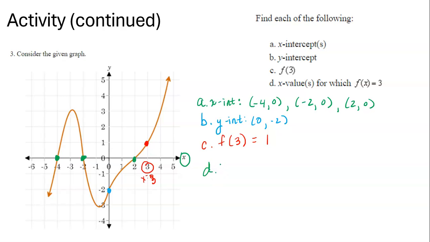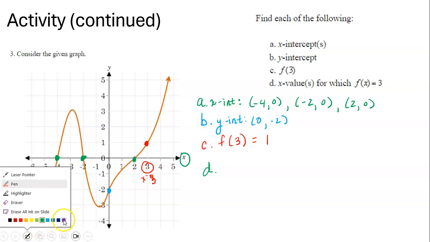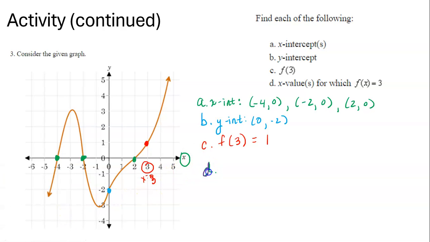It says x values for which f of x is equal to 3. So let's see. So 3 is here, so we have here, and we have here. So that's at x equals -3 and x equals 4.